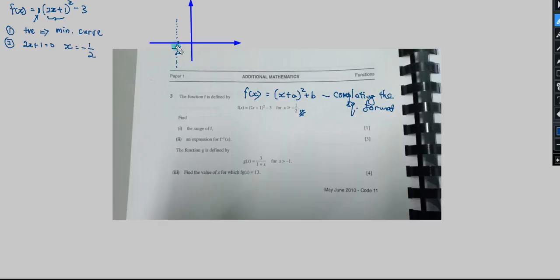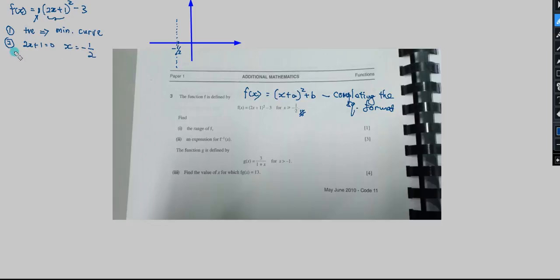Okay, but we have to find the y coordinate. Since we have identified the x coordinate, we have to find the y coordinate to identify the exact minimum point of the curve.